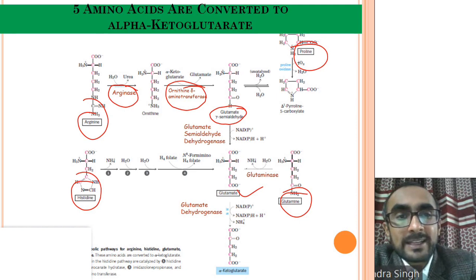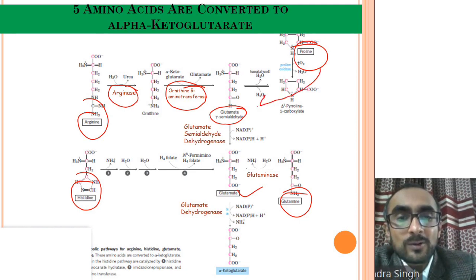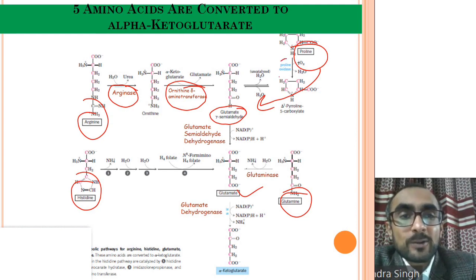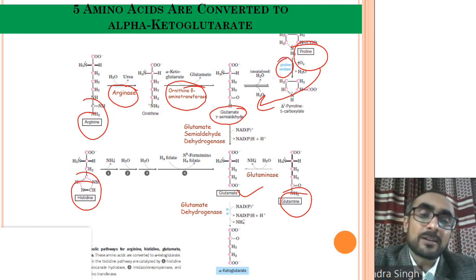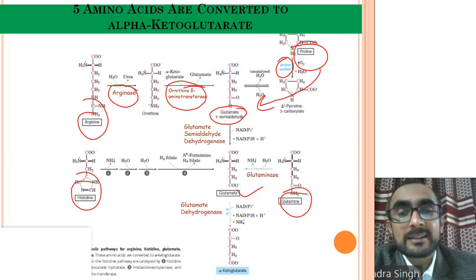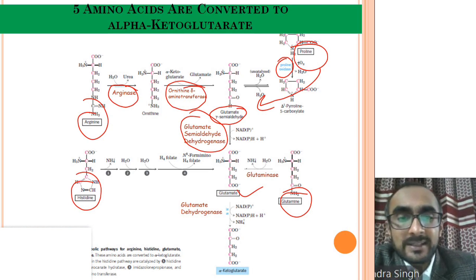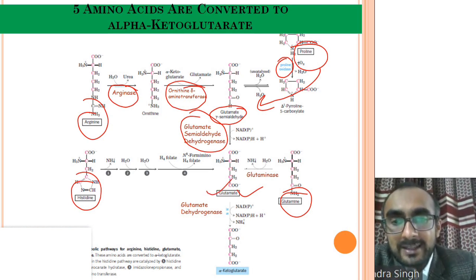Even proline is also converted into glutamate gamma-semialdehyde by the action of the proline oxidase enzyme. Now this glutamate gamma-semialdehyde is reduced by glutamate semialdehyde dehydrogenase into glutamate, and histidine is also finally oxidized to glutamate.